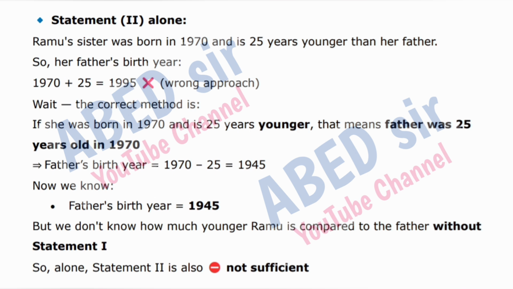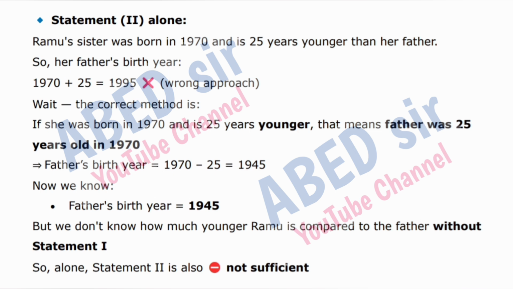1970 plus 25 equals 1995. Wrong approach. Wait. The correct method is, if she was born in 1970 and is 25 years younger, that means father was 25 years old in 1970.